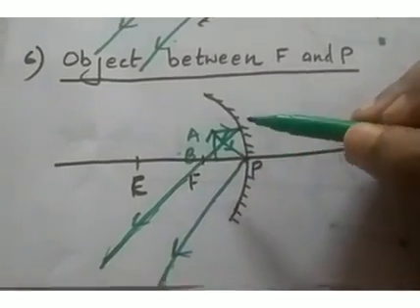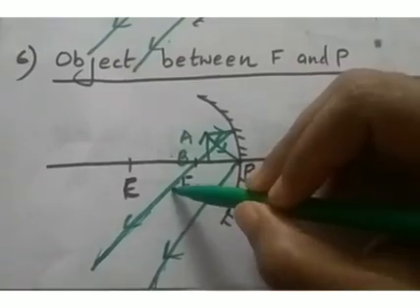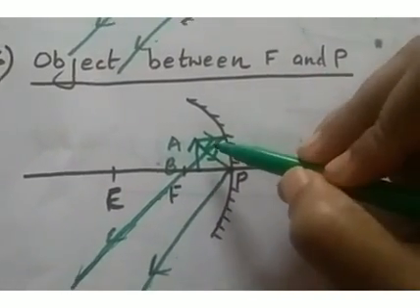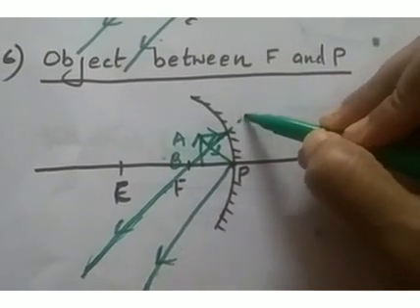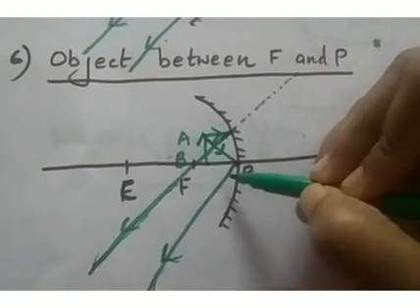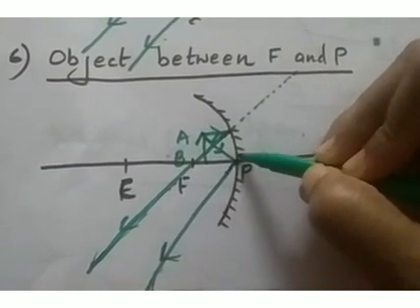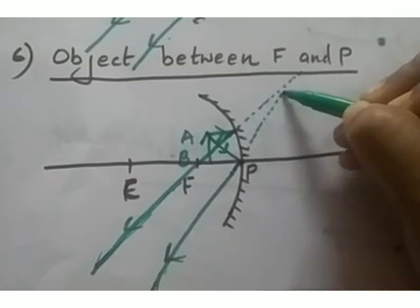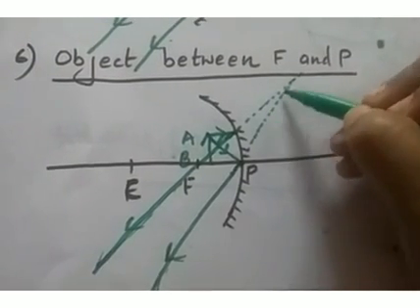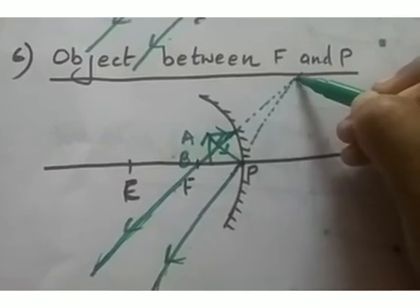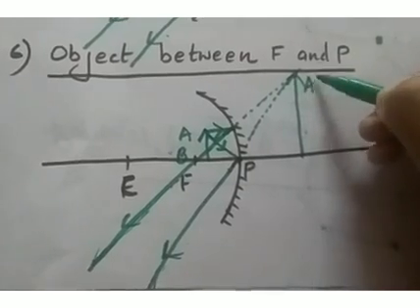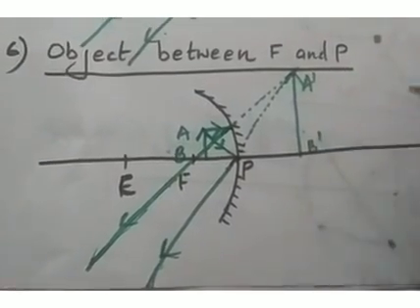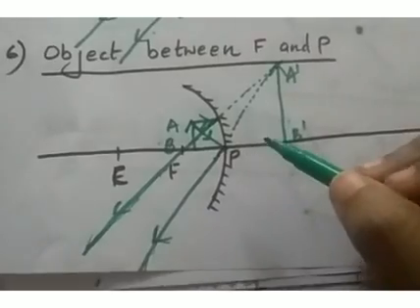In such cases, we need to extend these two reflected rays backwards like this. So this is one reflected ray, extend it backward. This is another reflected ray, extend it backward like this. And these two dotted lines meet here, and here you can represent the image. This will be the image A dash, B dash in this case.